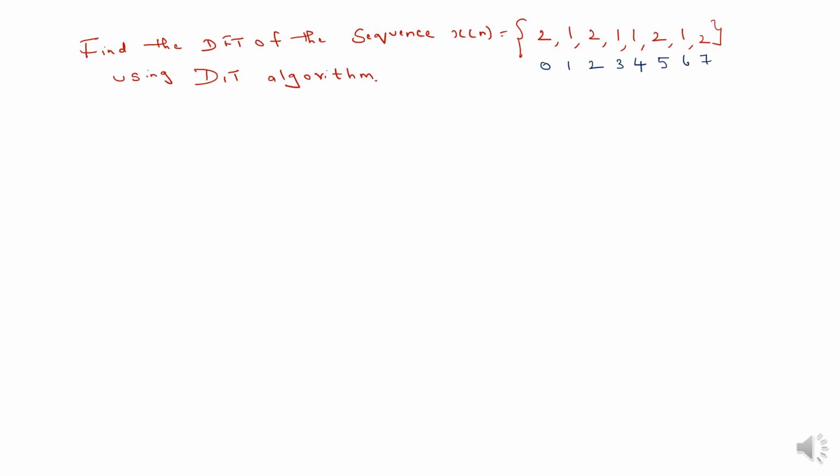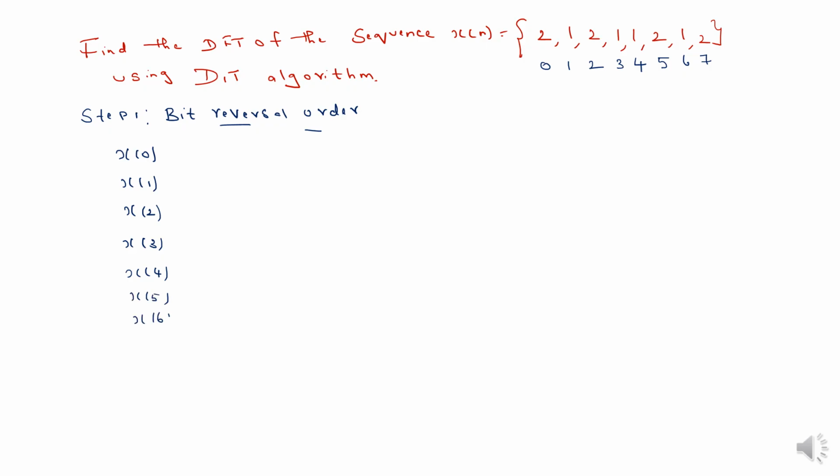Okay, so in order to solve this, step number 1 is basically we need to represent the given inputs in bit reversal order. So how do we represent the given input in bit reversal order? Write the given input down the line like this: x of 0, x of 1, x of 2, x of 3, x of 4, x of 5, x of 6 and x of 7.